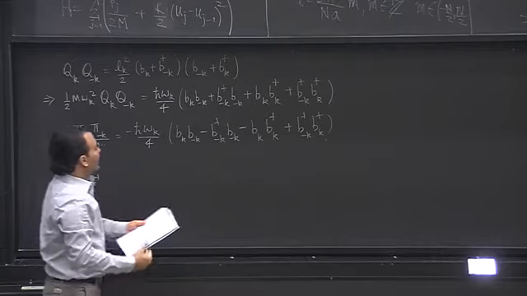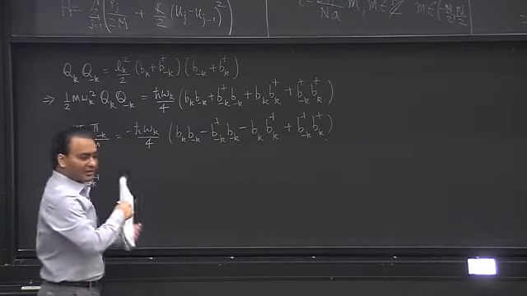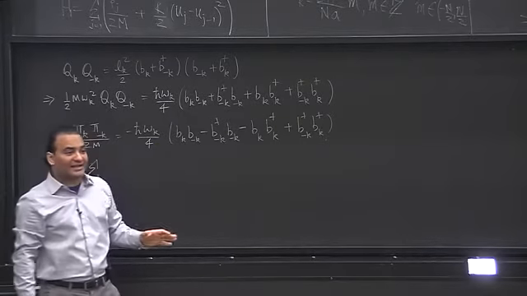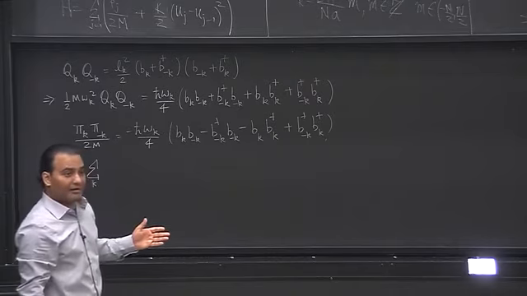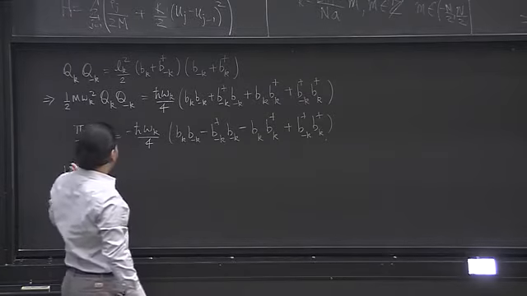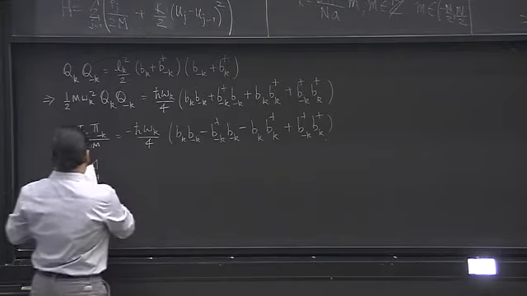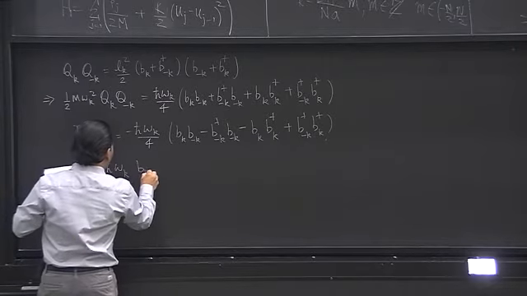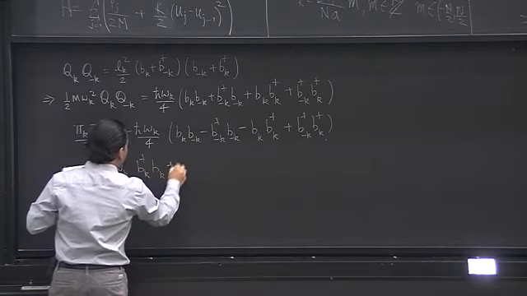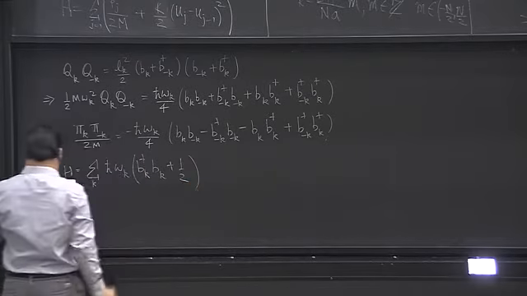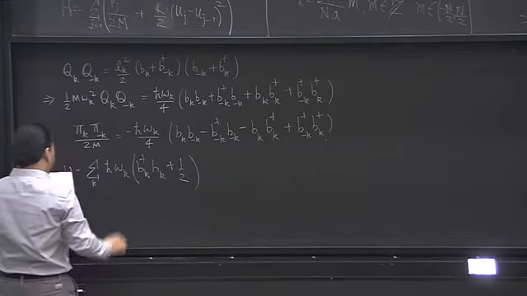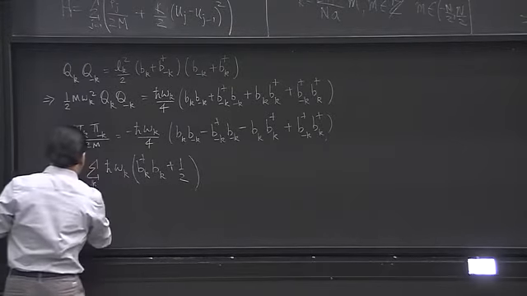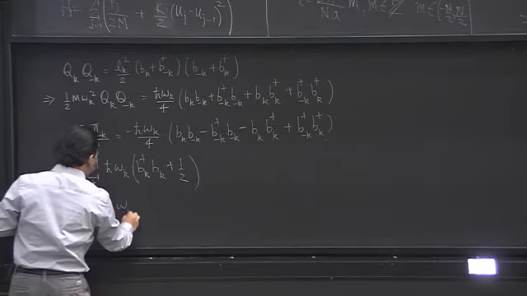You can add both terms, relabel the minus k to k, and note that omega of minus k is the same as omega of k. So in this sum over k, you can rewrite the total Hamiltonian as h bar omega_k times b_k dagger b_k plus half.